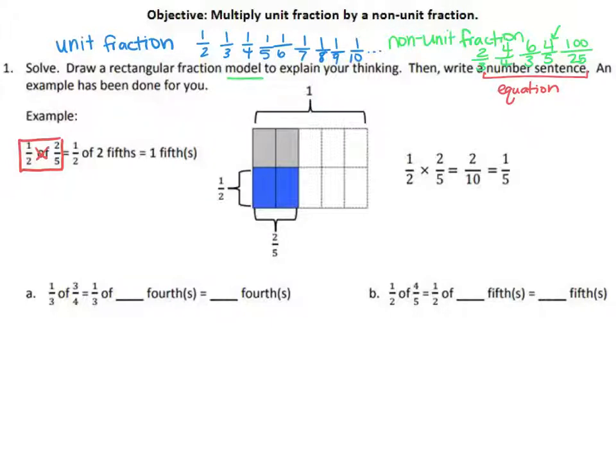So the first thing that they did is they drew a box. There's my box. And we can see that it is worth 1 whole. Now, they said, well, we're going to shade in half of this box. So here is my half.